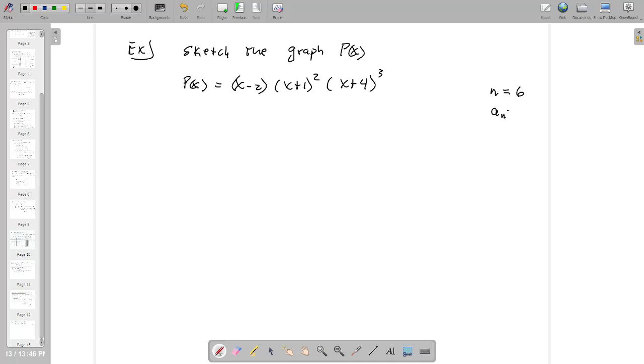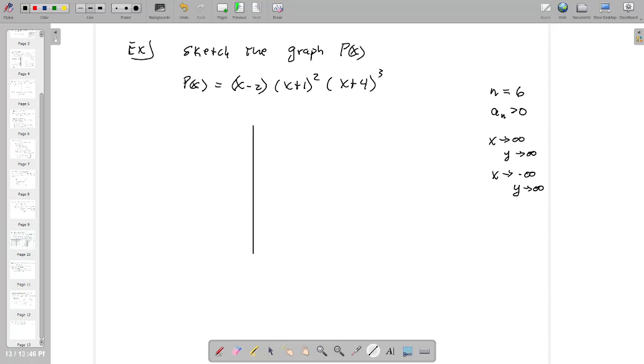Our leading coefficient, a sub n, is going to be positive. Since we have an even degree, our end behavior will be up, up. So as x goes to infinity, y is going to go to infinity as well. As x goes to negative infinity, y goes to infinity.